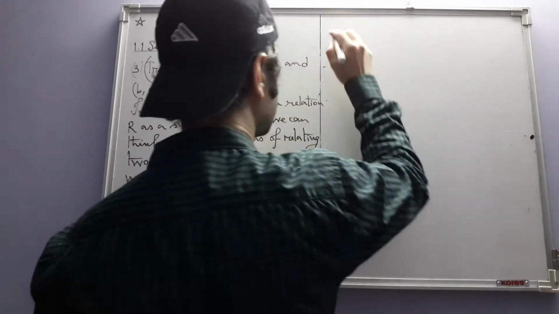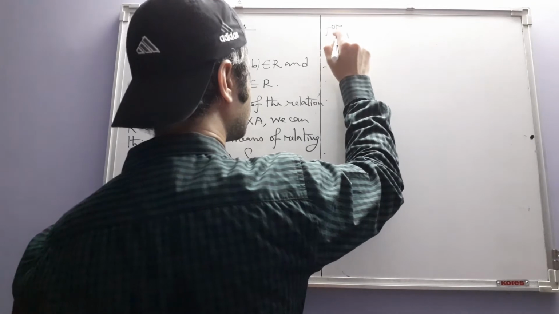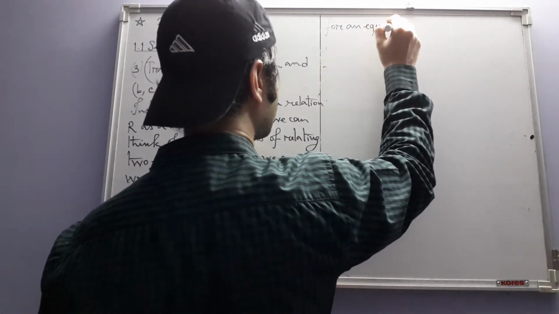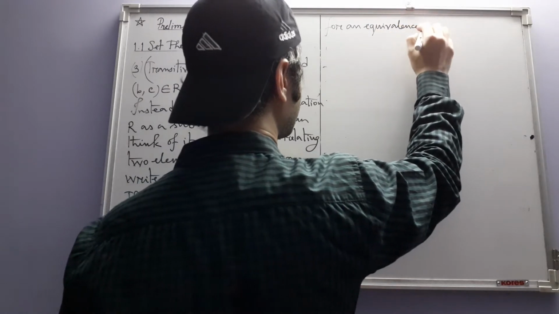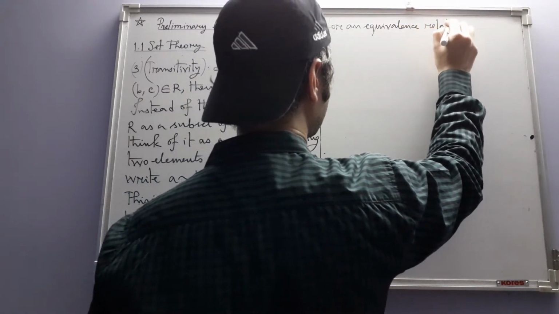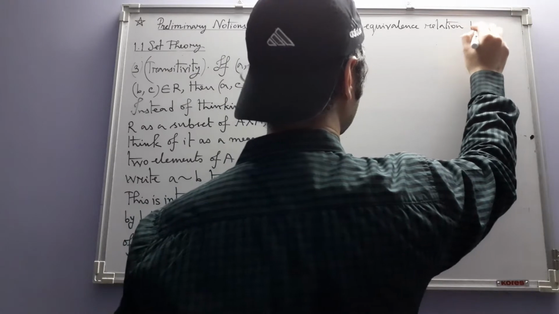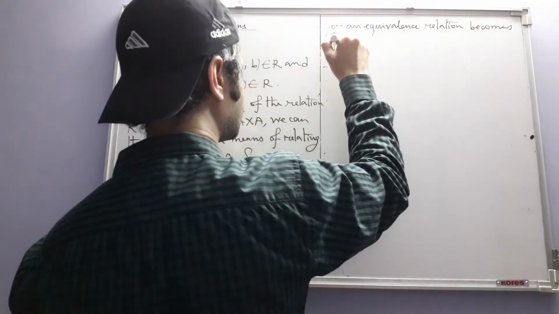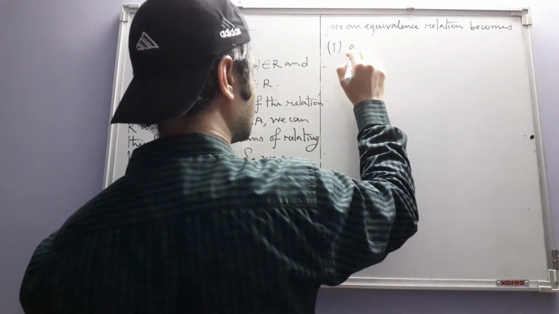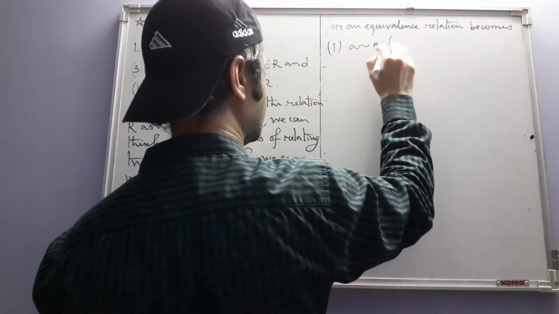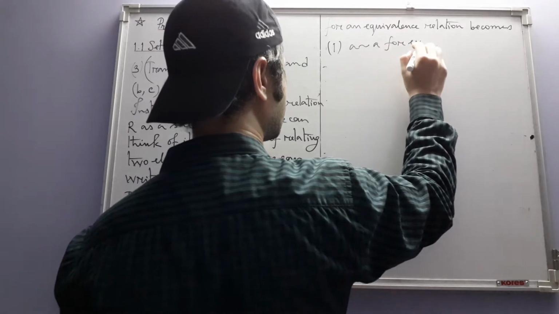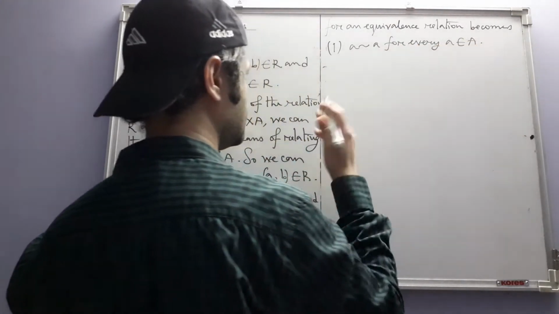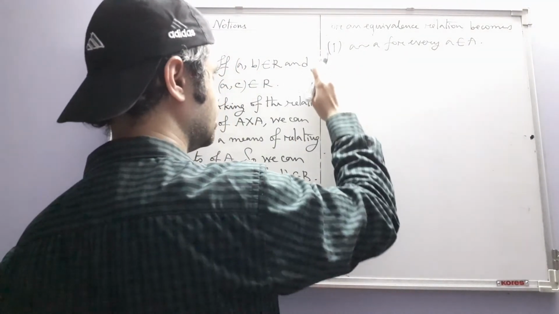The conditions becomes this. A is related to A for every A belonging to A. This is reflexivity. I am not writing the names again.